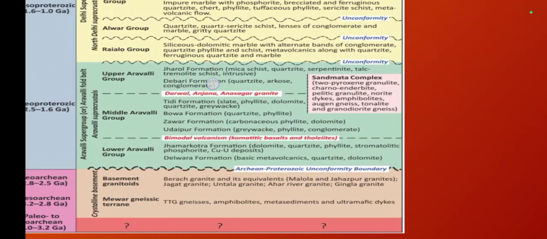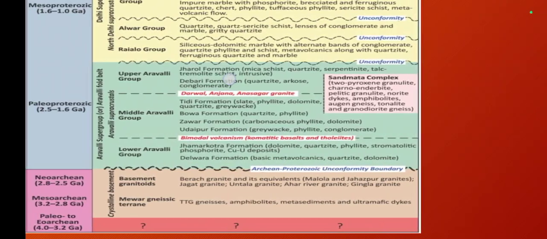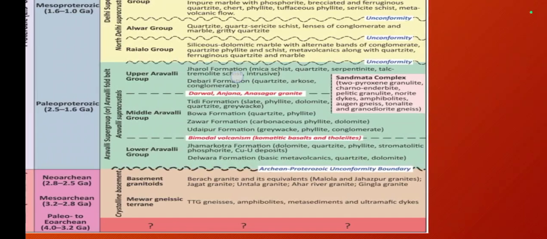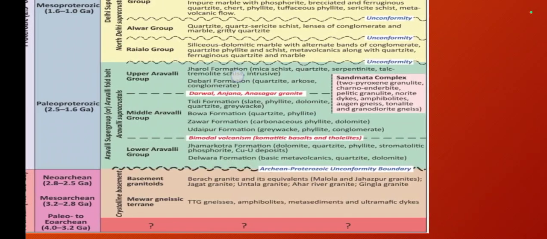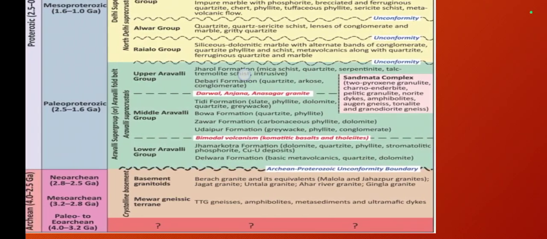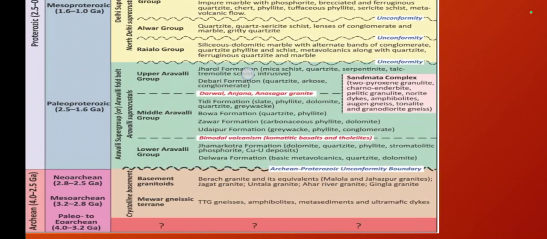This TTG you can study separately, how the TTG type of gneiss rock is actually formed. It is simply the addition to the greenstone belt when the crustal evolution takes place during the Archean time.